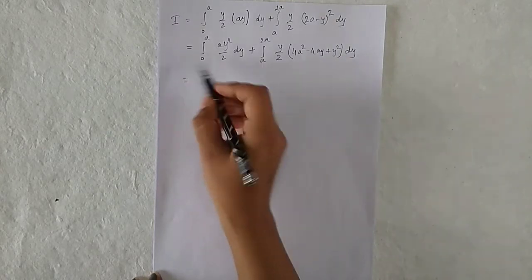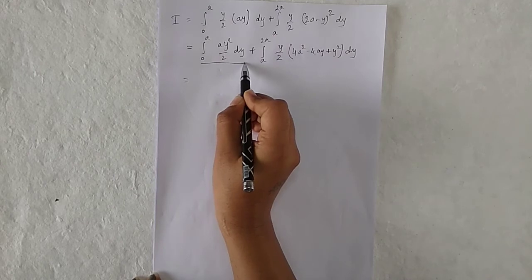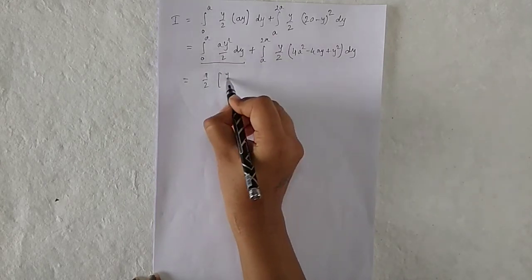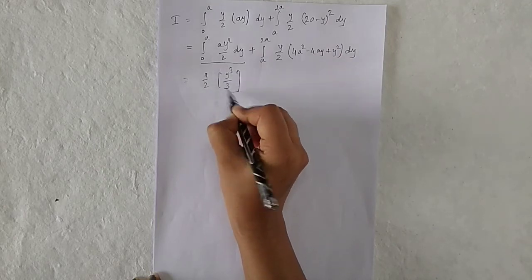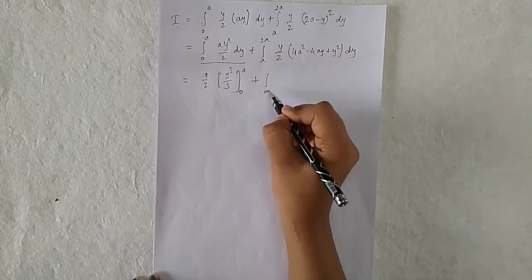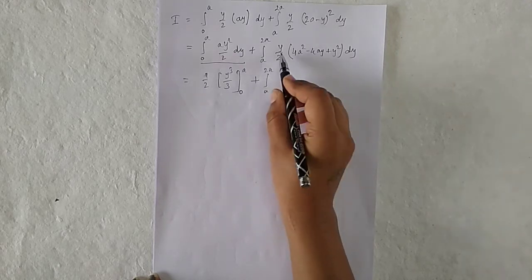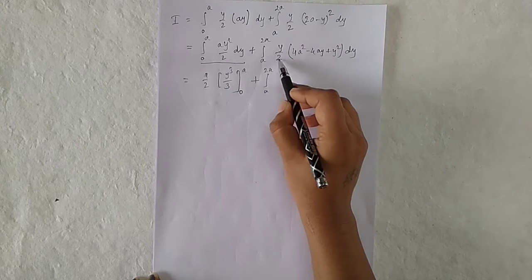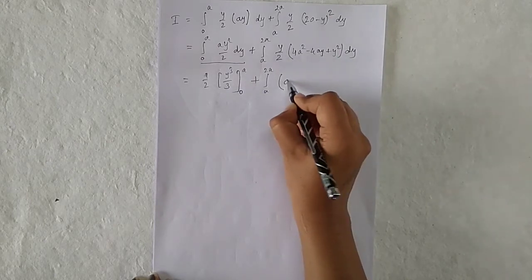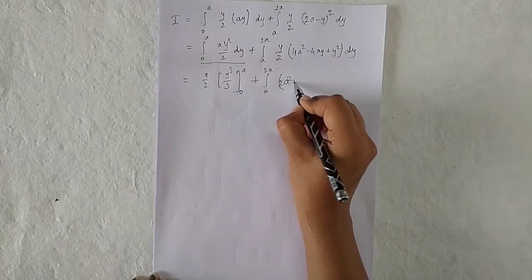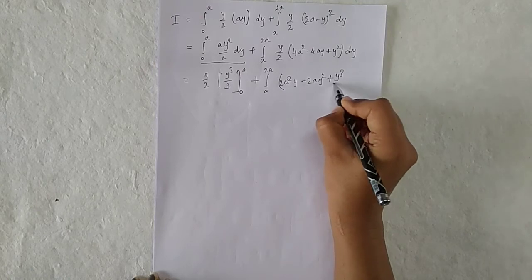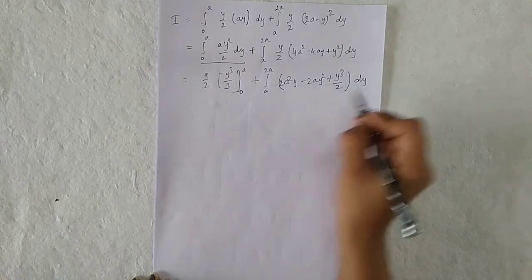Integrating this with respect to y: a by 2 is constant, the integration of y square is y cube by 3, and the limit is 0 to a, plus the integral over a to 2a, multiplying y by 2 to all the terms, it becomes 2a square y minus 2ay square plus y cube by 2 dy.